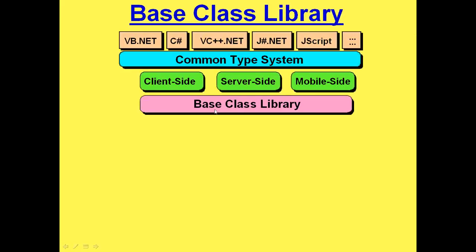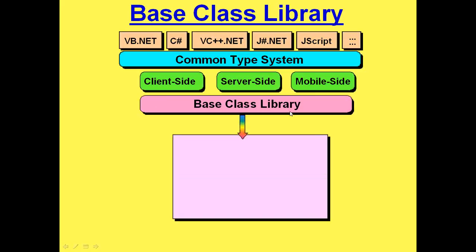We have a library called the base class library. This library is a very rich feature library. Whatever you want to think, Microsoft has provided you a very rich feature library. Some people say base class library, some people say framework class library.